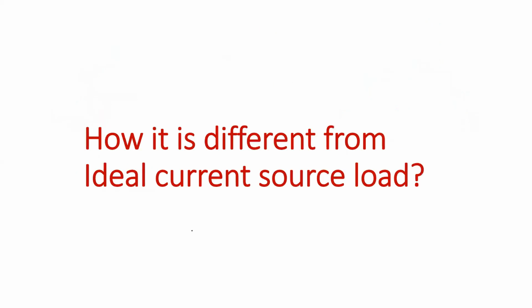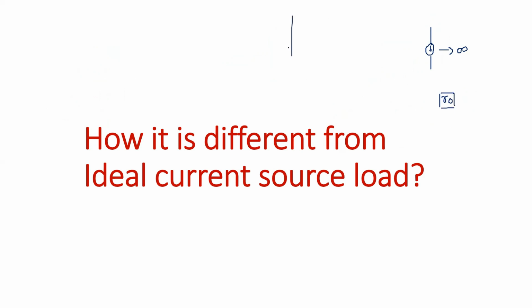Now, how is it different from an ideal current source load? I mentioned one thing before: the ideal current source offers infinite impedance while we do the AC analysis, but this practical current source generally offers R naught impedance when we are using it.